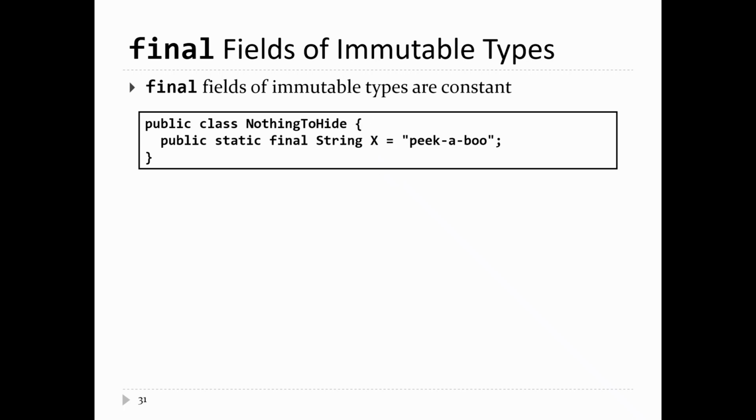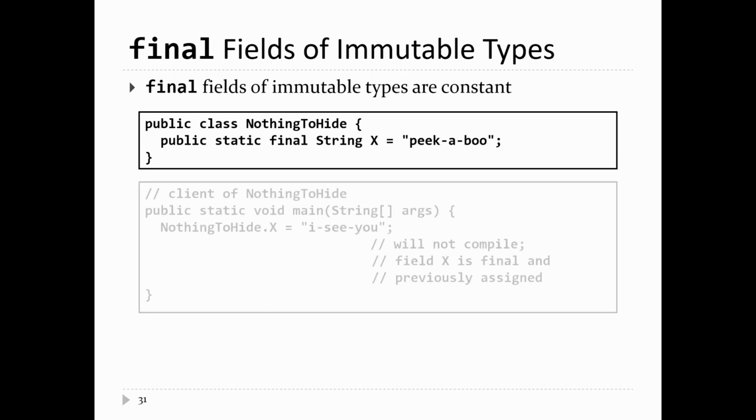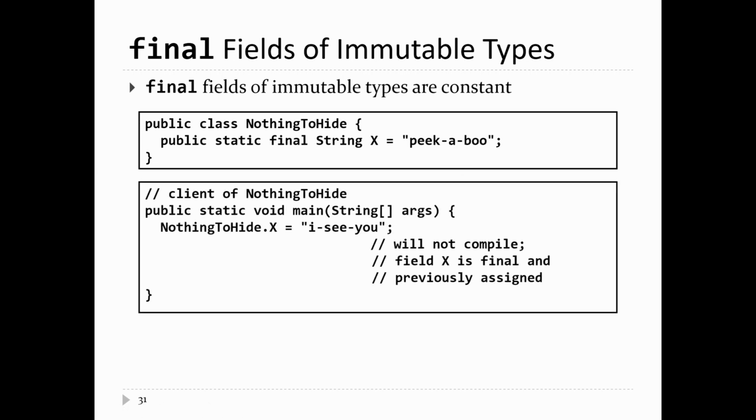So if I have a string that's marked final, and I assign it a reference to an object, then there's no way that I can assign a different reference. I can't assign a different string to that field. Again, the compiler will say you've got a final field, you can't assign it a value anymore.